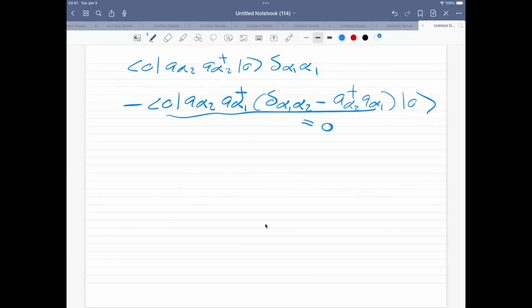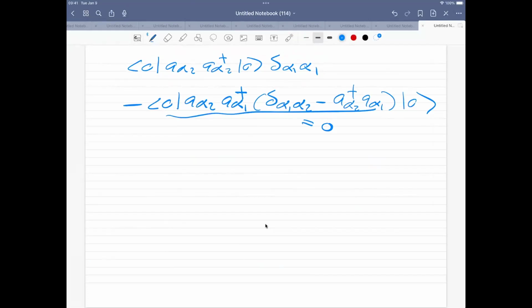But later we are going to actually remanipulate this one, because we can rewrite it so that we have all the annihilation operators to the left, not to the right.